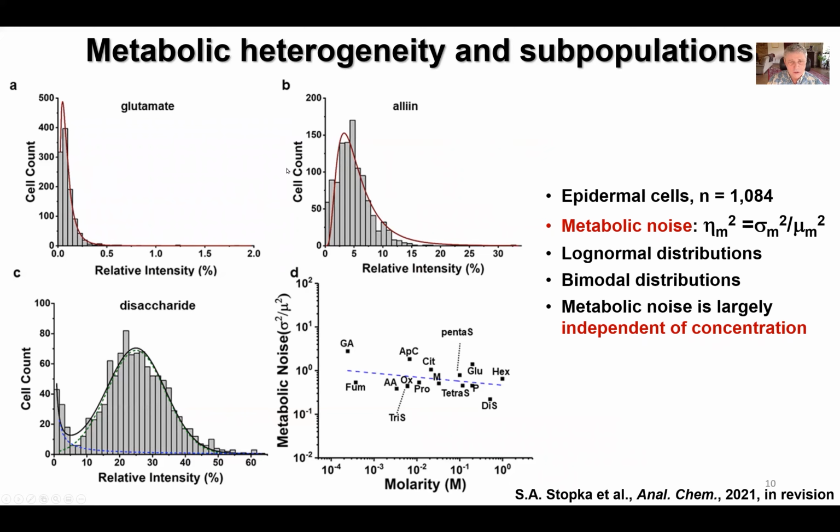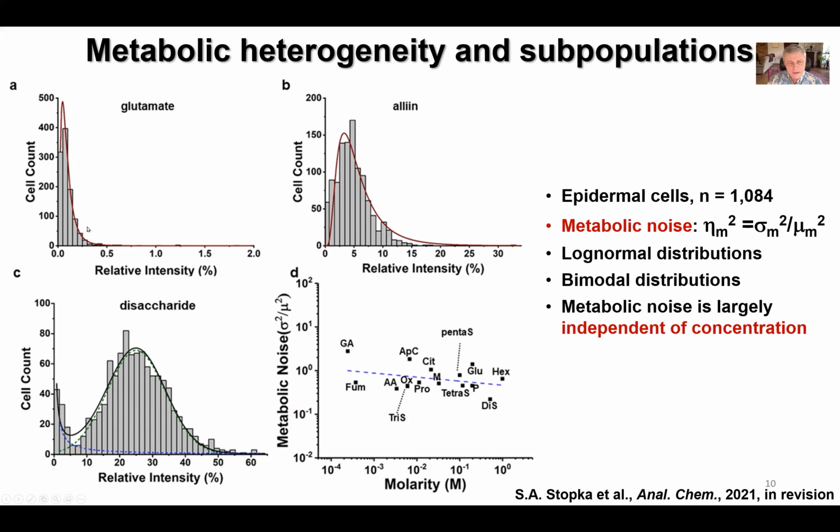Many times it was log normal, like in this case, the glutamate and the allele intensities showed a log normal distribution. Other times it was Gaussian. But then there were some cases when we observed a bimodal distribution, which was very interesting for us. In this case, the disaccharide ions show the bimodal distribution.